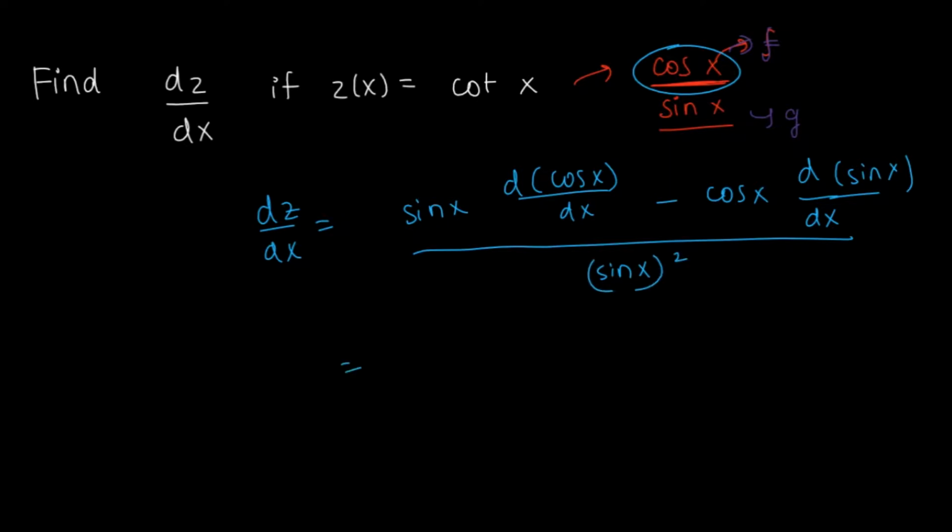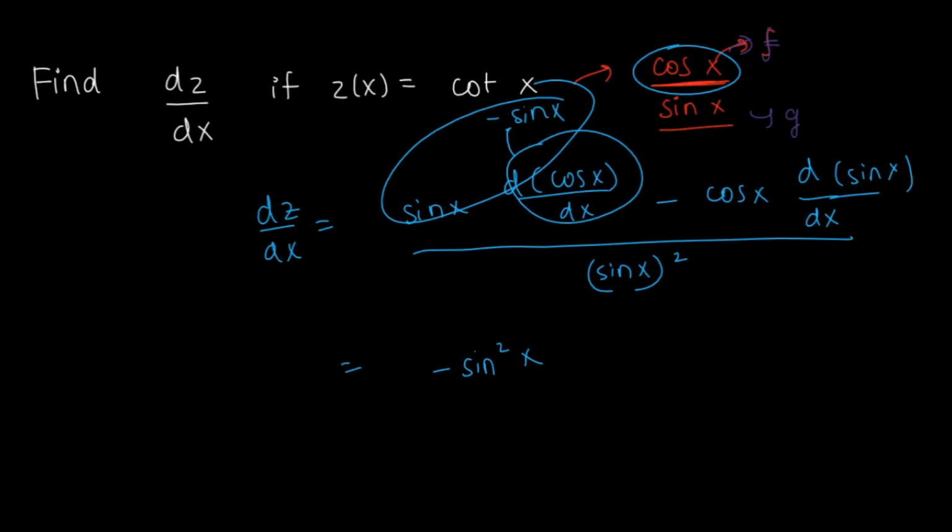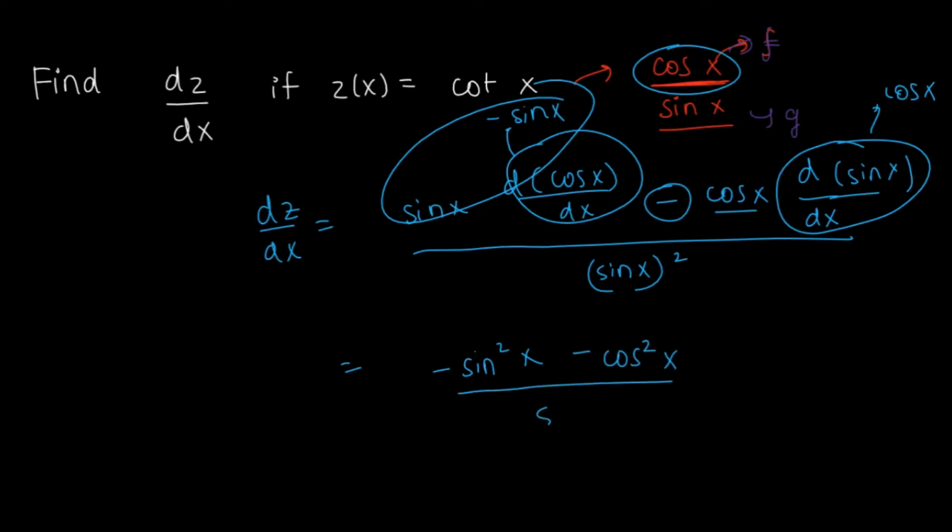And you know that the derivative of cos of x is negative sine x, so that means this entire thing is negative sine squared x. And we also know that the derivative of sine of x is cos of x, so cos of x times cos of x gives you cos squared x. There is a negative sign again, so that is negative cos squared x. All of this, by the way, is getting divided by sine squared of x.